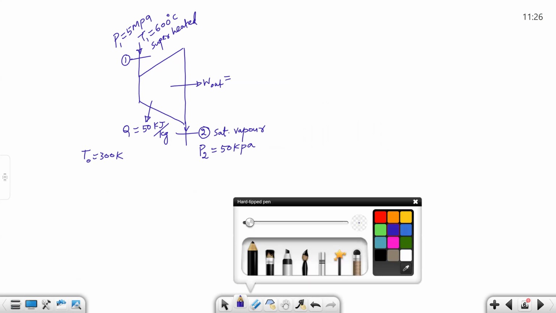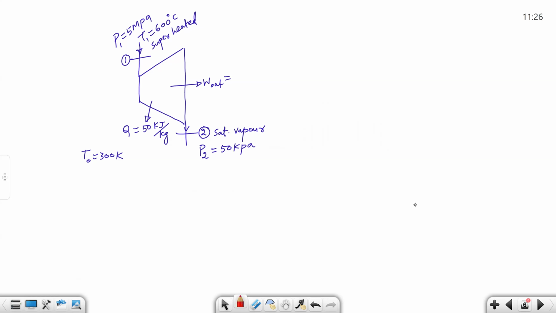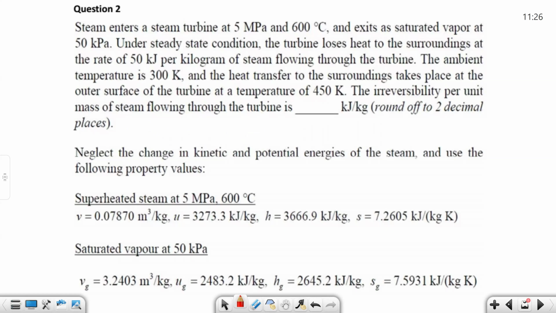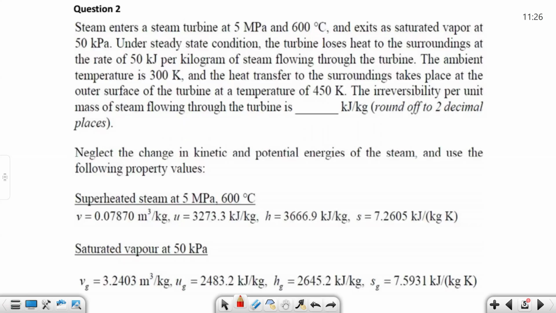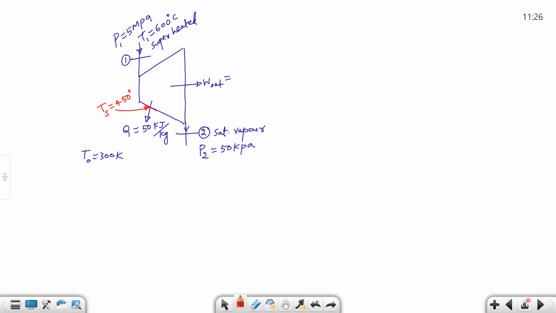The surface temperature through which heat transfer is taking place is 450 degrees centigrade, sorry, 450 Kelvin, not degree centigrade. 450 Kelvin.